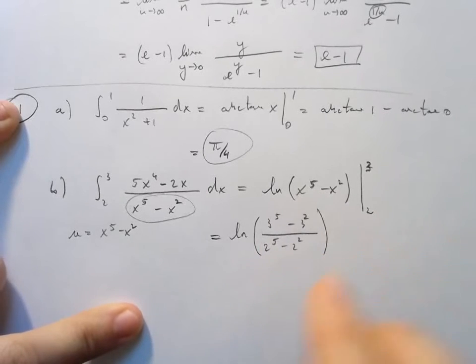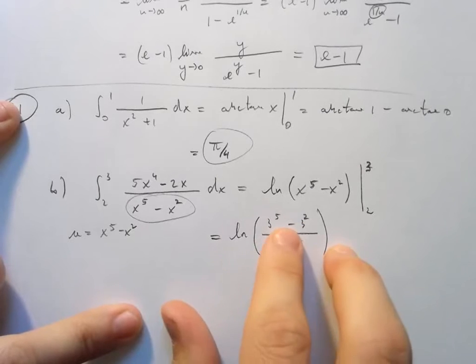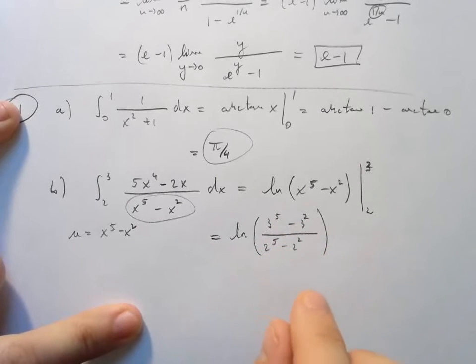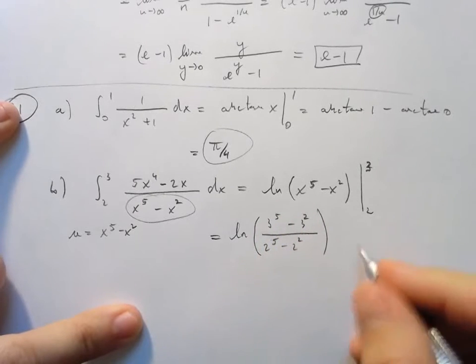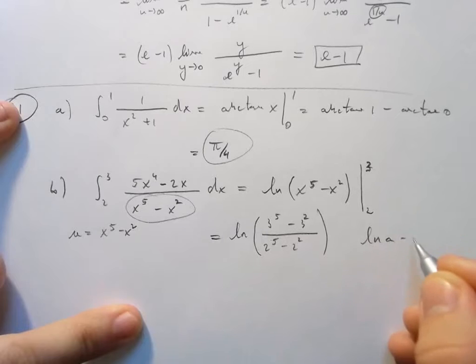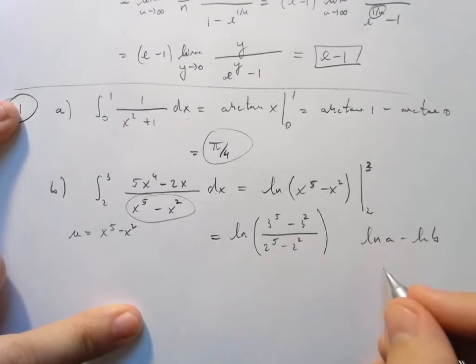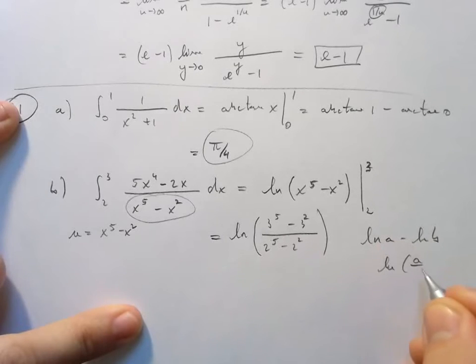And the reason why it's like that is because it's ln of the top minus ln of the bottom. And of course, when I have the difference of logs, I can simply take the ratio, right? If I have ln of a minus ln of b, that's the same as ln of a divided by b.